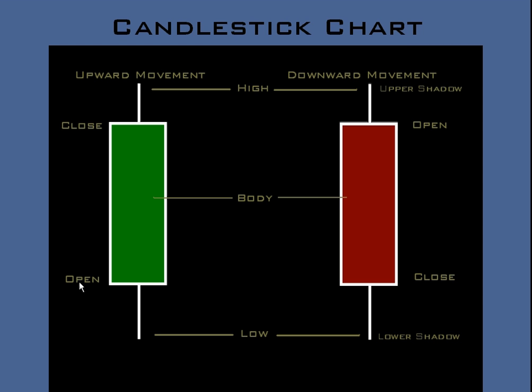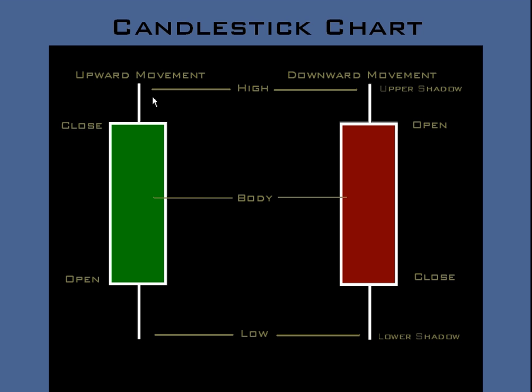The top of the green candlestick will be the closing price. So opening is at the bottom, close is at the top, and the two shadows at the bottom and top are going to be the low price and the high price.